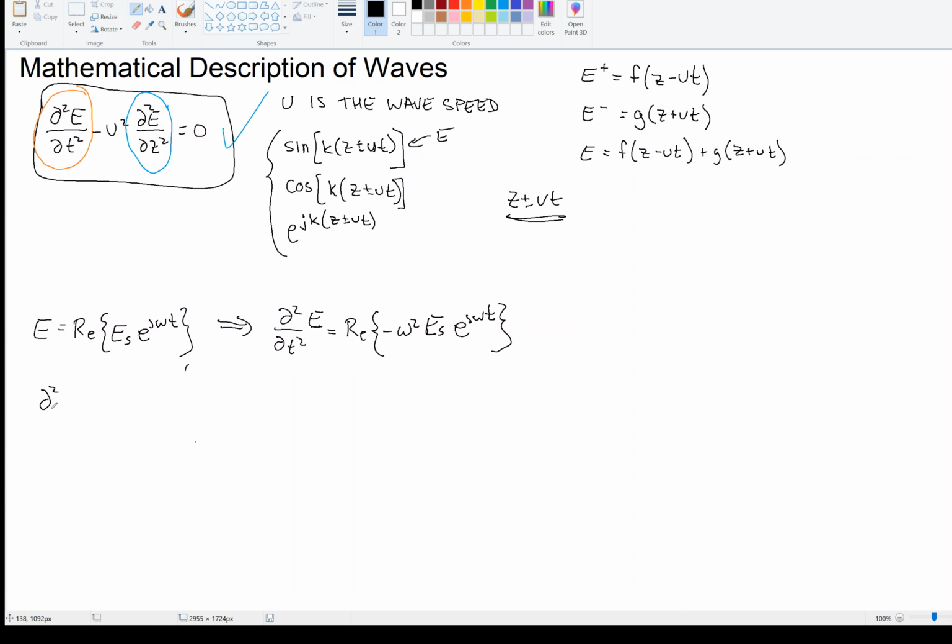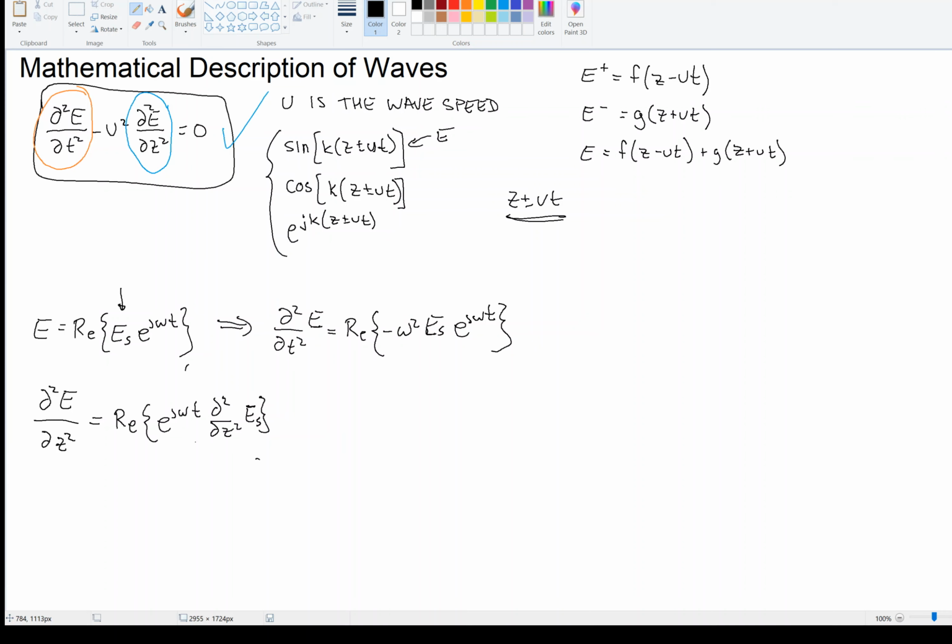So if we took the second derivative of E with respect to z, well, the spatial dependence is in the phasor E_s, and we're not assuming anything about E_s. So we really can't do much at all here. We just say, well, we have e to the j omega t times the second derivative with respect to z of E_s, like that, without making any assumptions.